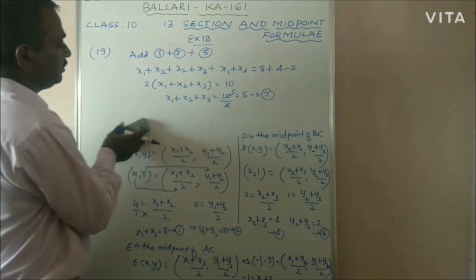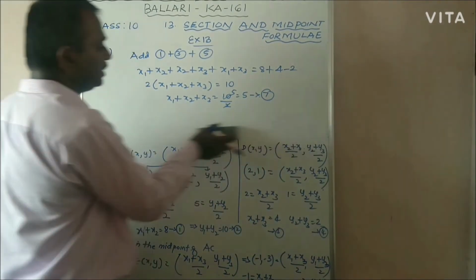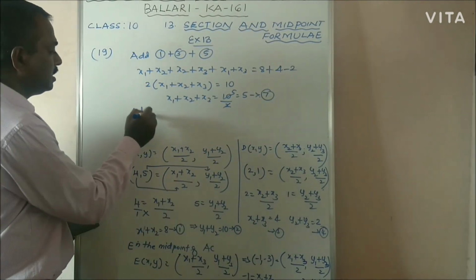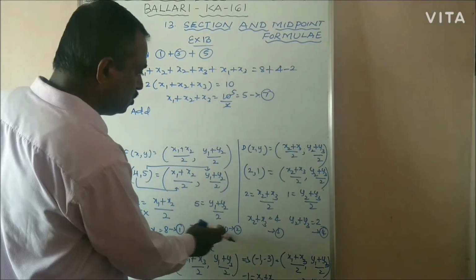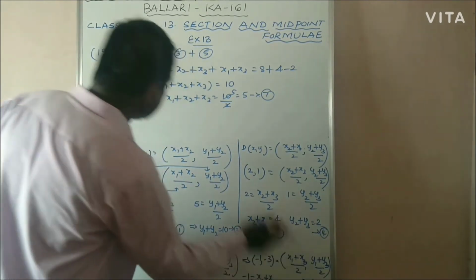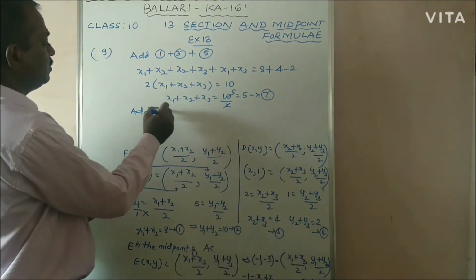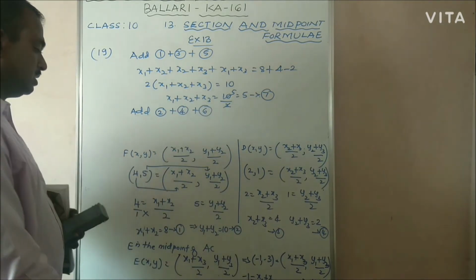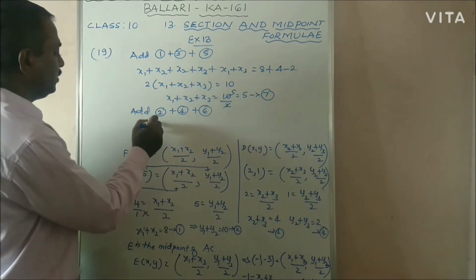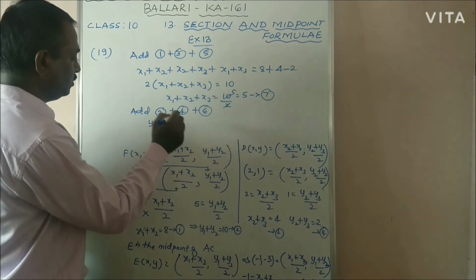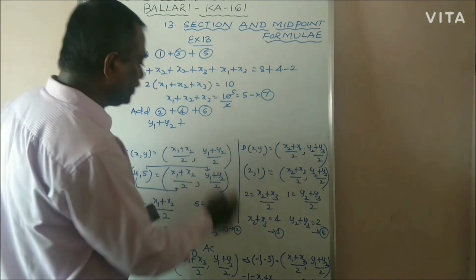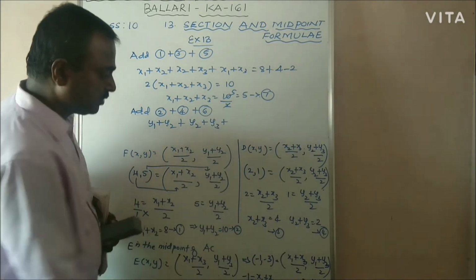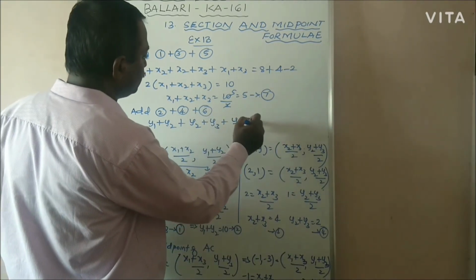Now we can find one more equation, that is, add 2, 4, 6. y1 plus y2, fourth equation y2 plus y3, sixth equation y1 plus y3.